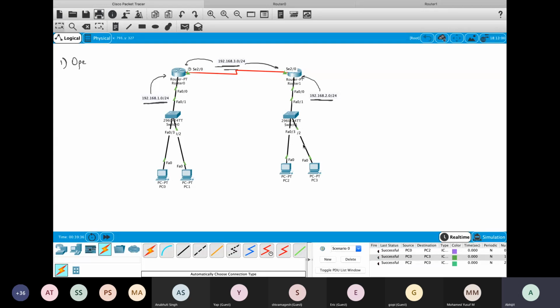Now, when I say the characteristics of RIP, we will discuss some of them. First, it's an open standard protocol. The second characteristic that we actually discuss is classful nature, which means it can advertise the routes that are of classful networks.